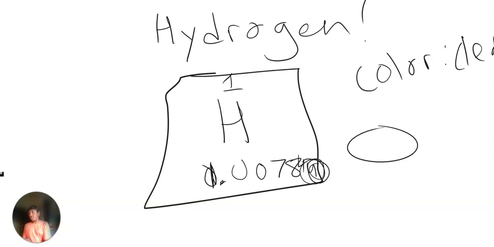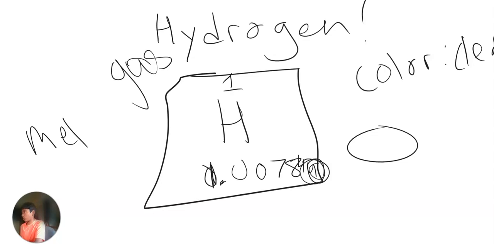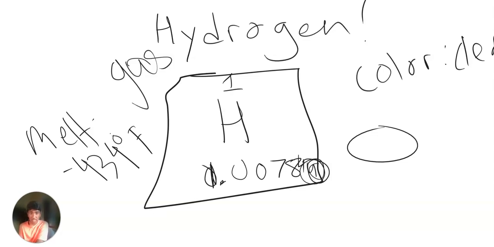All right. Even though hydrogen is a gas, I mean, you all know that, right? If you don't, no offense, first time viewers. This is for people like you. Hydrogen is a gas, but that doesn't mean it can't melt or boil. Hydrogen's melting point is negative 434 degrees Fahrenheit, which in Celsius is negative 259 degrees Celsius.